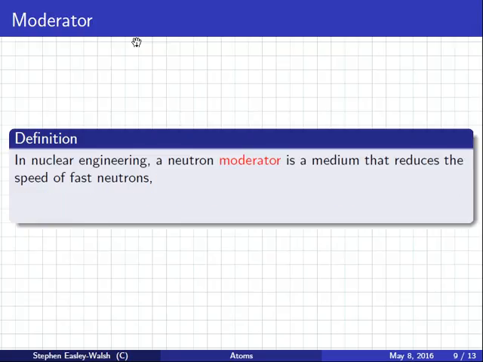This is really the key part of the definition. It reduces the speed of the neutrons. So this is the most important part of the definition. It reduces the speed of the neutrons.